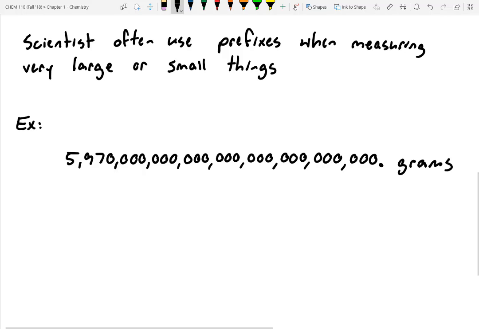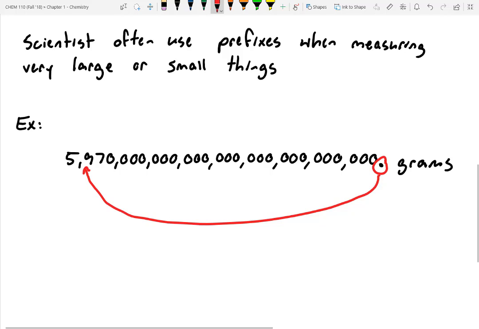A simple thing you can do as a scientist is grab this decimal point and move it all the way behind the first non-zero digit. So how many places did we move this? You can go up and we can count, right? 1, 2, 3, 4, 5, 6, 7, 8, 9, 10, 11, 12, 13, 14, 15, 16, 17, 18, 19, 20, 21, 22, 23, 24, 25, 26, 27 places over, right?